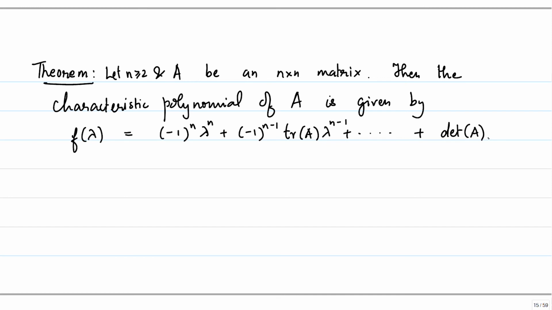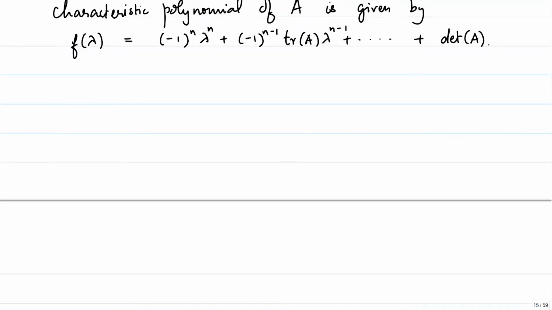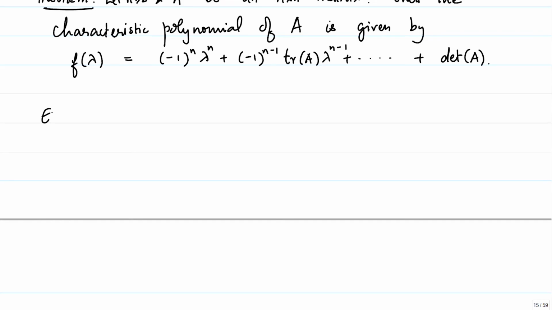So we have concluded something substantial by studying the characteristic polynomial of a given matrix, and we now know how the characteristic polynomial looks. This is actually quite nice. If you look at a 2 cross 2 matrix, this is quite straightforward. For example, if A is a11, a12, a21 and a22, what is going to be f of lambda?